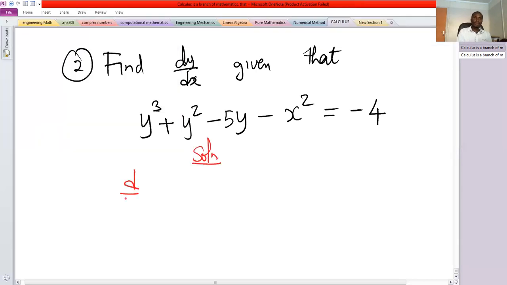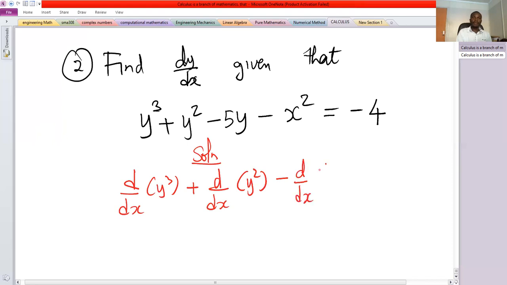So d dx of y cubed plus d dx of y squared minus d dx of 5y minus d dx of x squared equals d dx of minus 4.